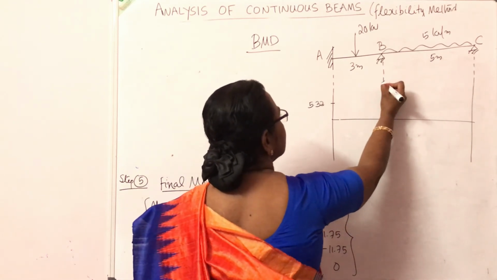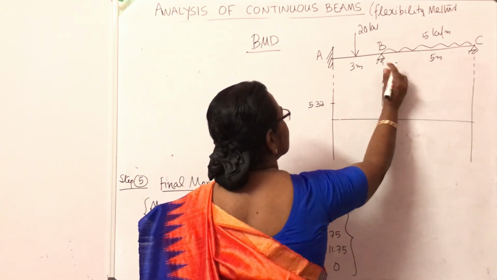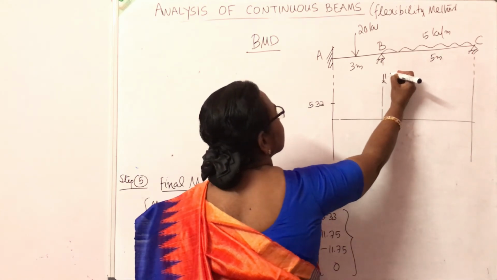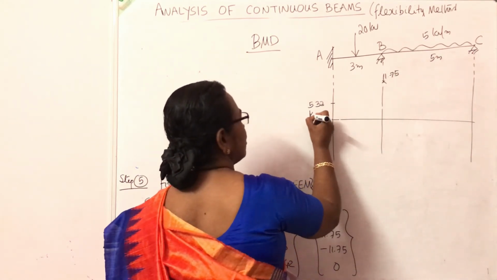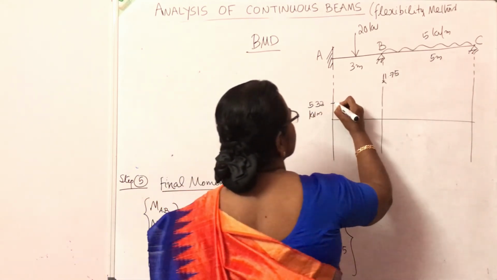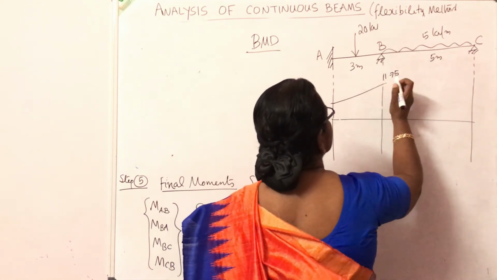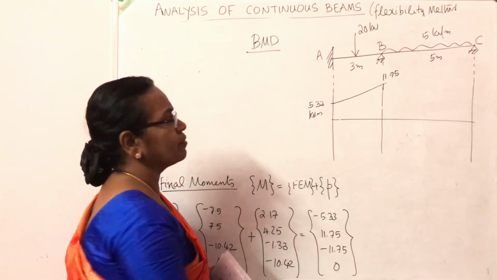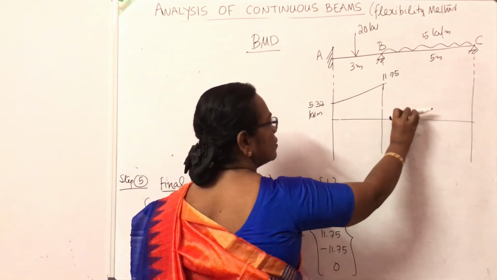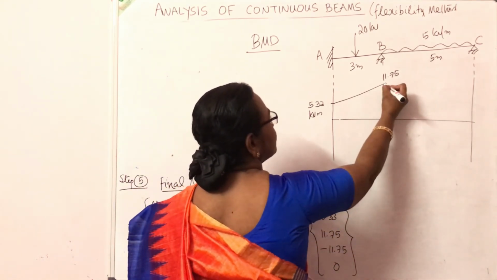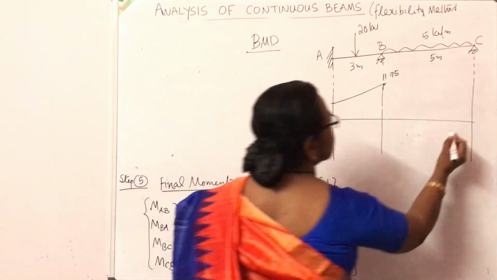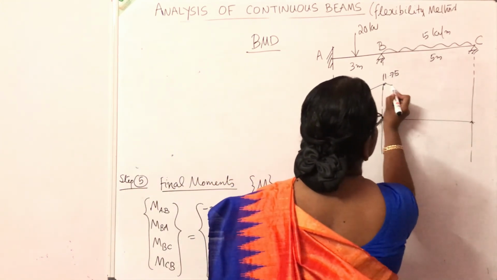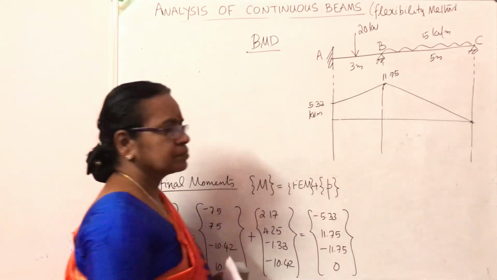So it is 11.75. You have to write the unit at least one place. So join this. Next, MBC minus 11.75. B to C minus. So anti-clockwise it will join here. And MCB 0. So this is the fixed end moment diagram.